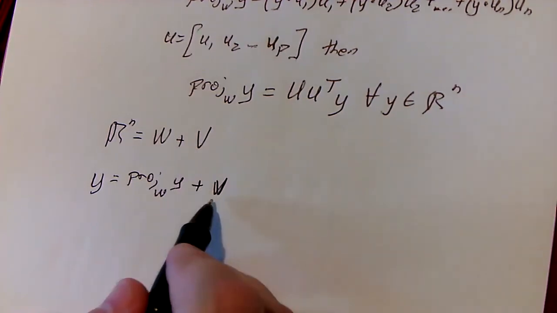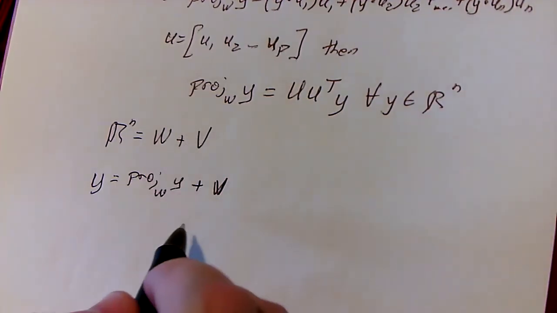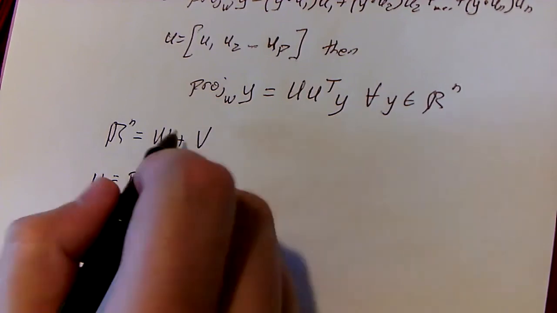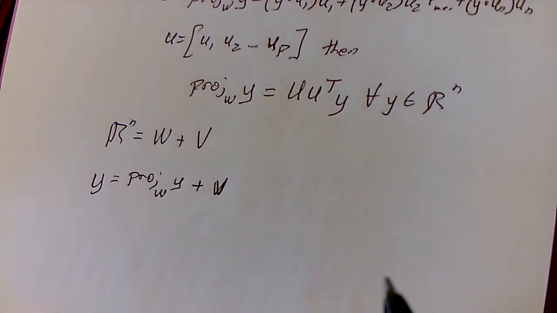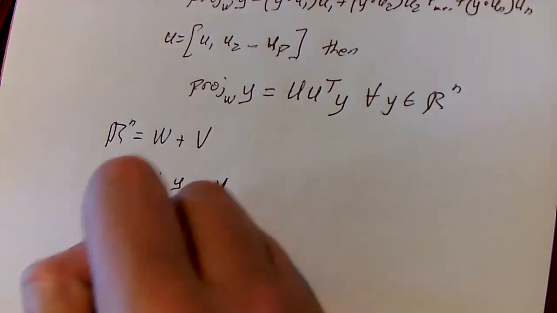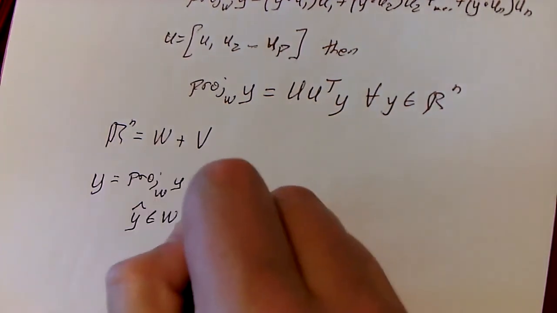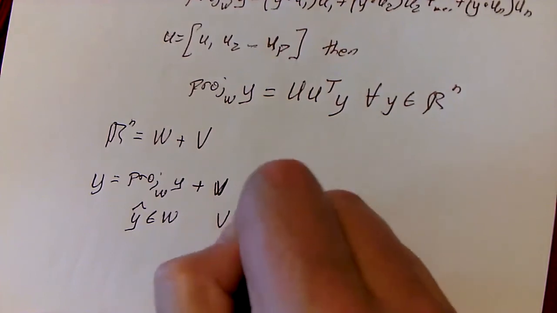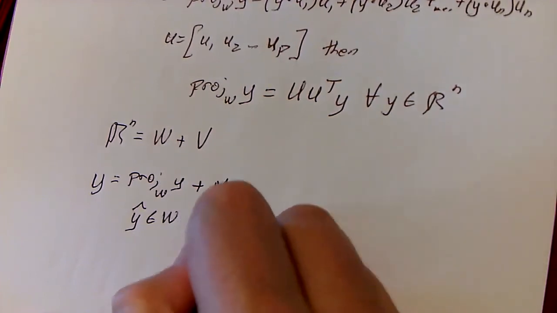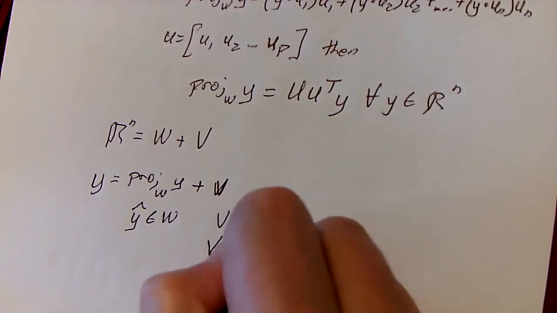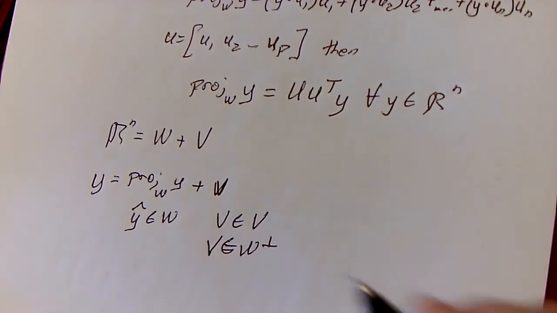My vector V has to be inside of V, and my vector V is also in W perp. So this would be y hat, that's an element of W, and V would be an element of V, but V is also an element of W perp.